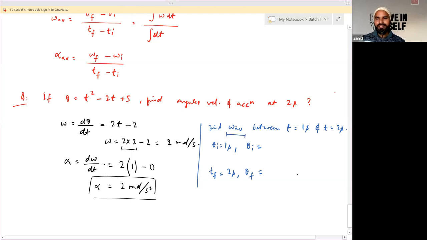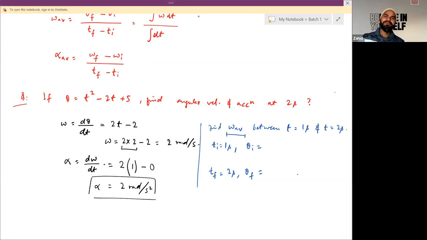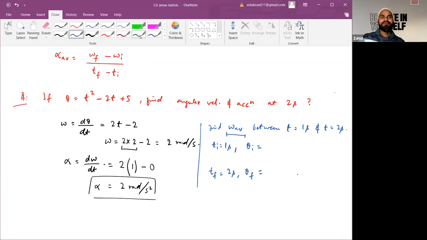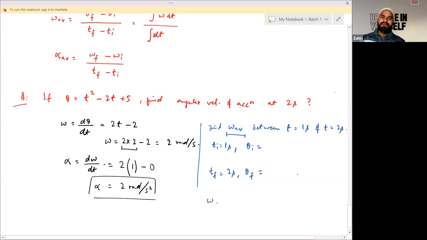This is omega, not W. So average angular velocity equals theta final minus theta initial divided by t final minus t initial. So you have to find theta initial by putting the value of t as 1 second and theta final by putting t final as 2 seconds. Try to simplify.